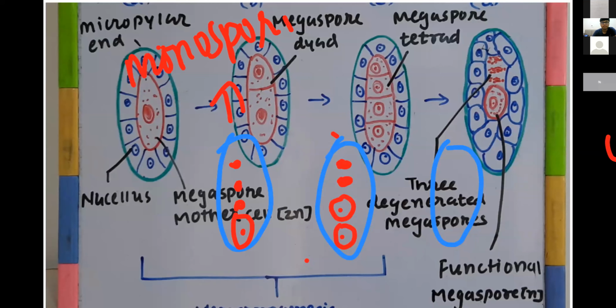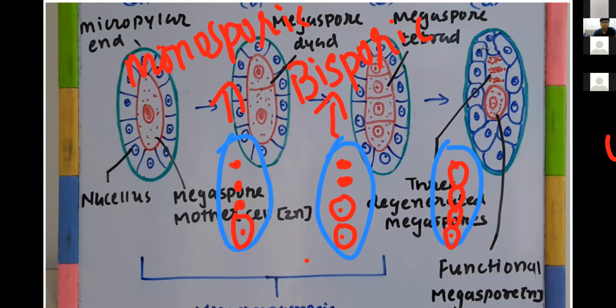If 2 were degenerated and 2 functional megaspores were left, and they gave rise to the female gametophyte, it is called bisporic development. And if none of them degenerated and all 4 formed the female gametophyte, it would be known as tetrasporic development.